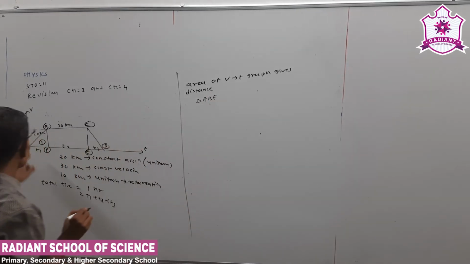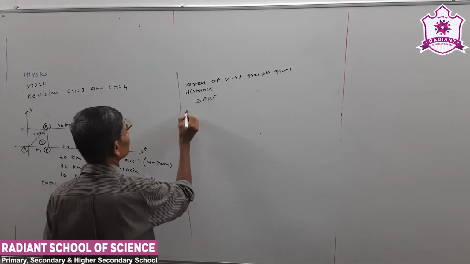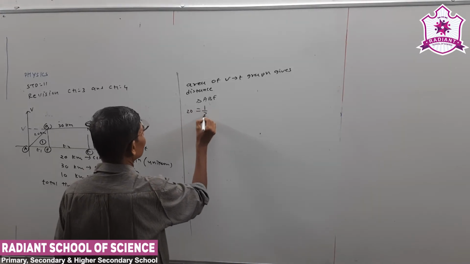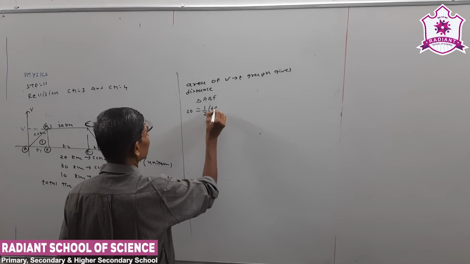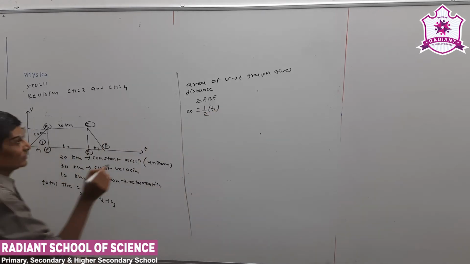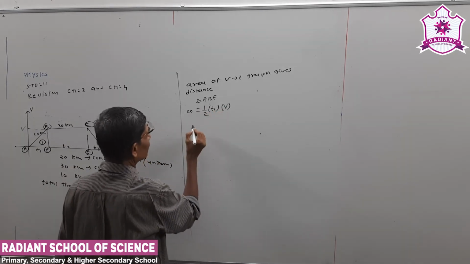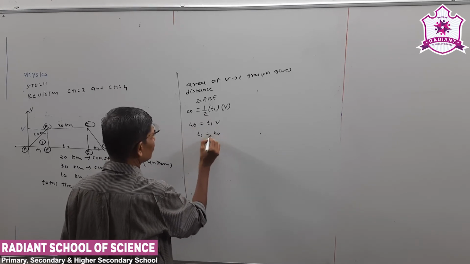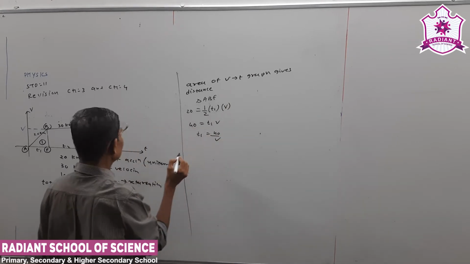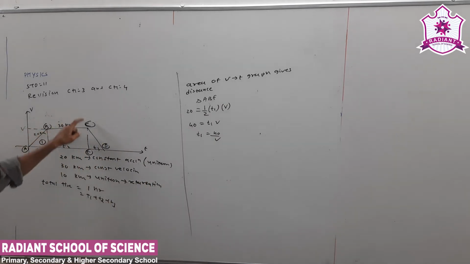The distance covered is 20, equal to half of base into height. How much is the base AF? That is time t1, and let us say the maximum velocity attained is v. So 40 is v t1, so t1 is 40 by v. Now see the rectangle BCEF.